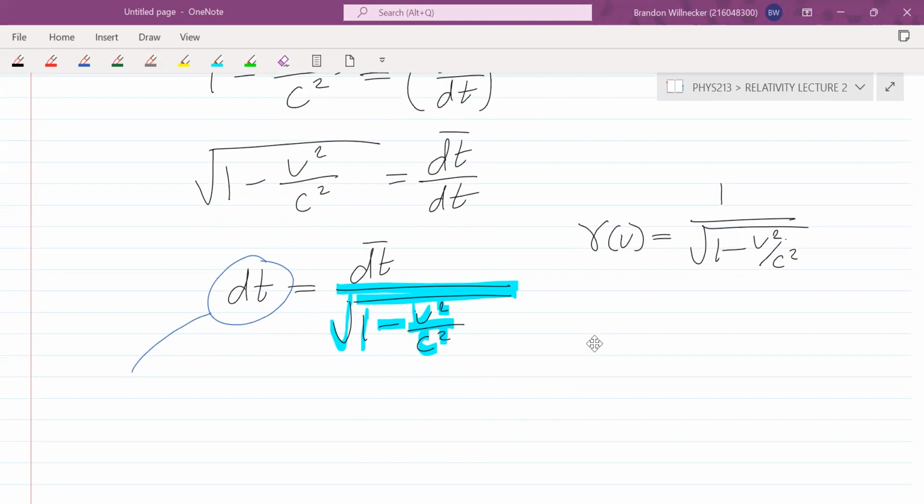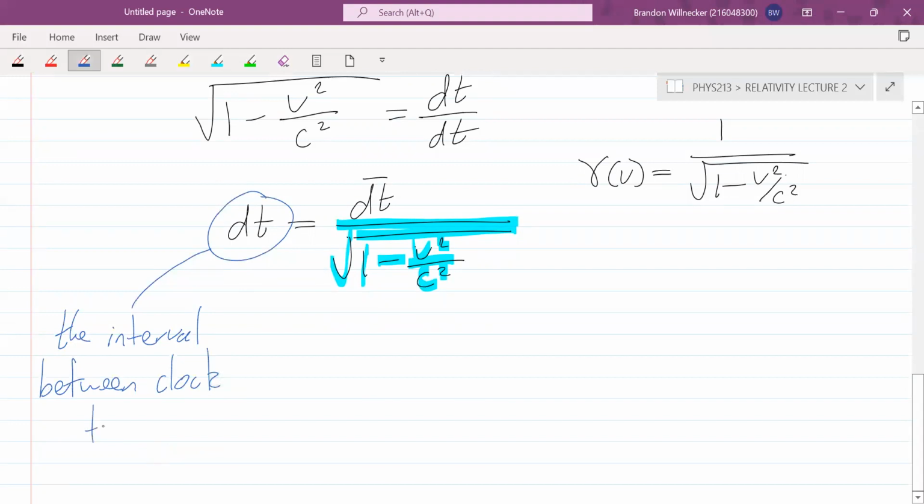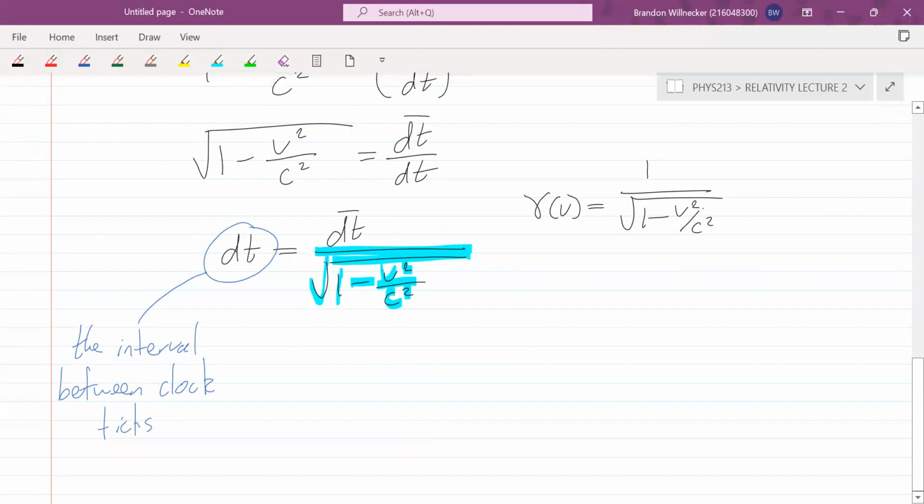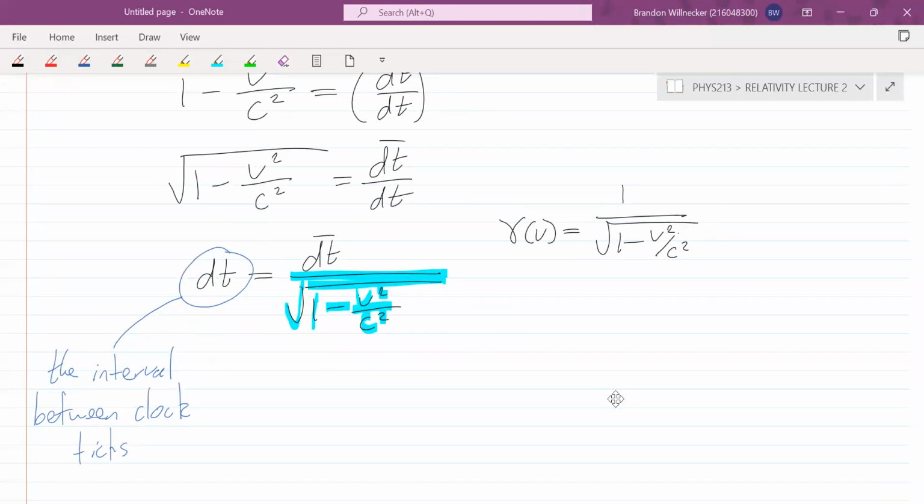Each of those is a dt interval. So this is the interval between clock ticks. Okay, so that's my dt.